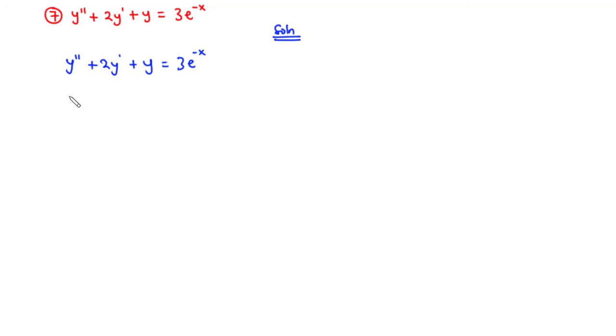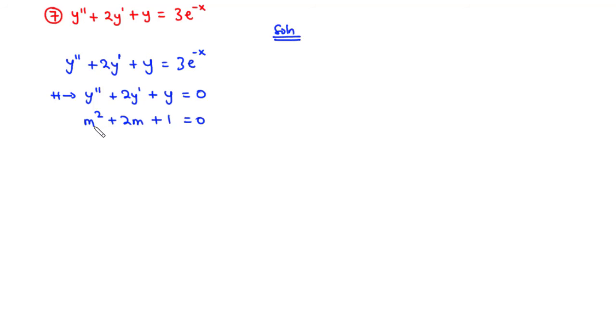So we treat this as a homogeneous differential equation, so that we have y prime prime plus 2y prime plus y equals 0. We generate the auxiliary equation, that is m squared plus 2m plus 1 equals 0.